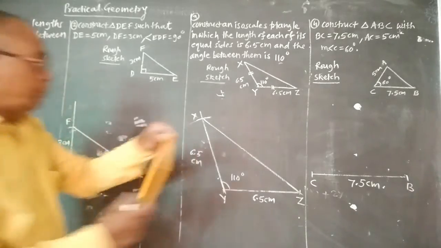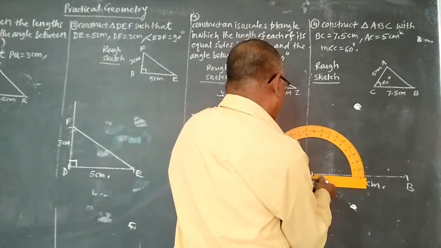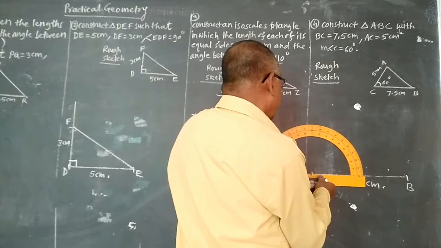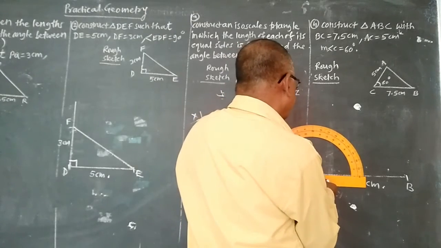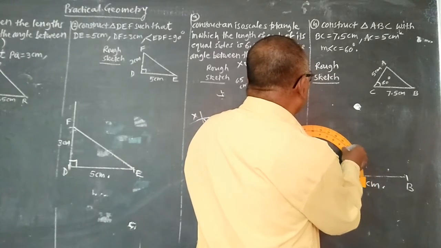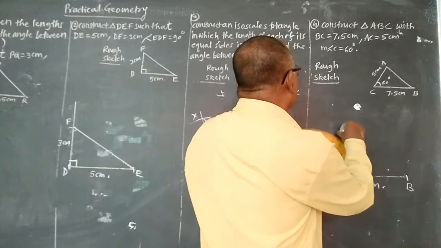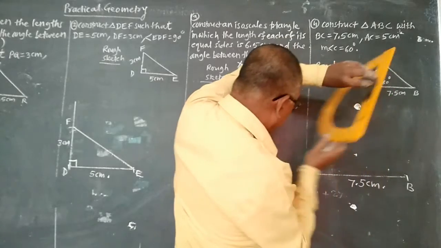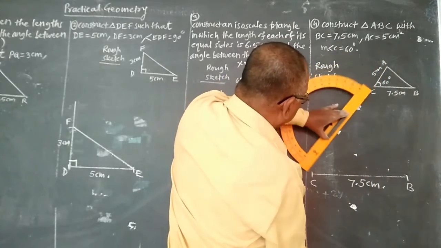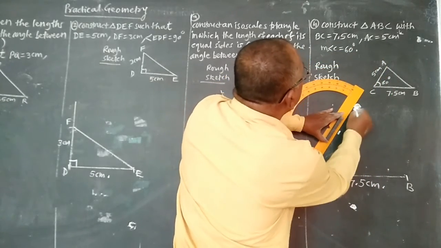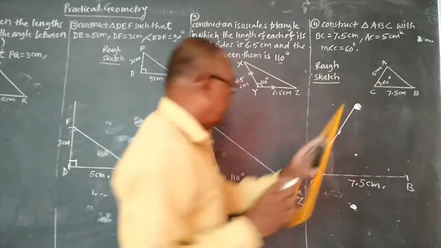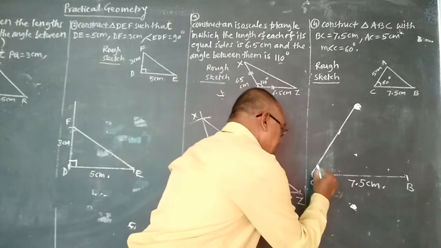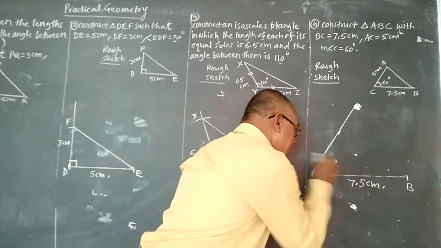Here I will put the protractor on a point C and draw the angle of measure 60 degree, 0, 10, 20, 30, 40, 50 and 60. So this is the 60 degree angle, and now joining this mark with C, we get this angle as a 60 degree.